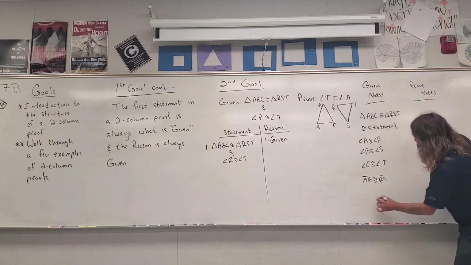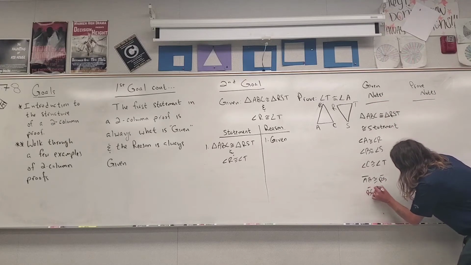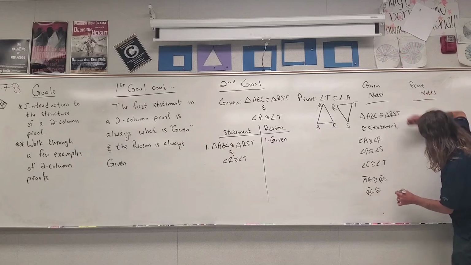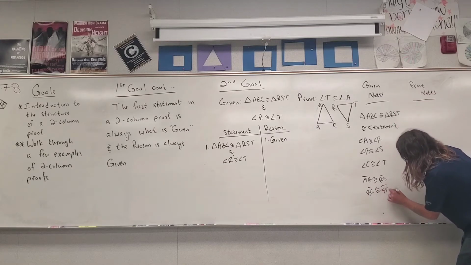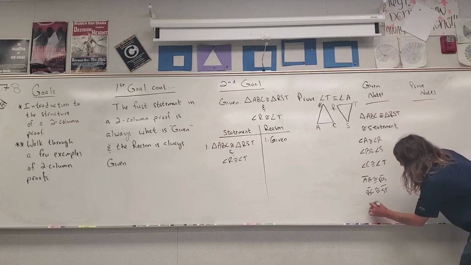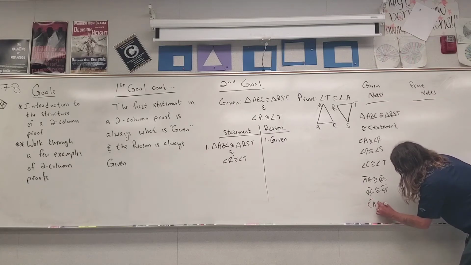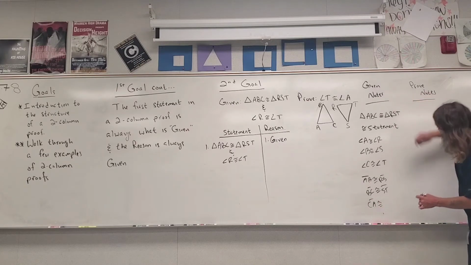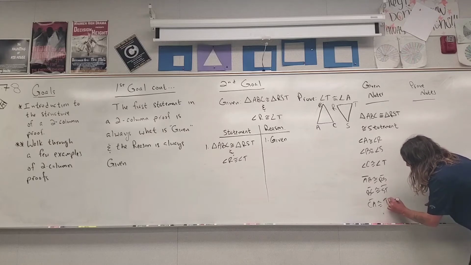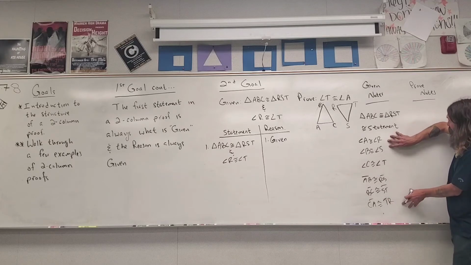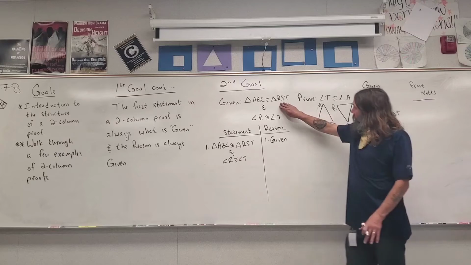I know that side BC is congruent to side ST. And I also know that side CA is congruent to side TR. Okay? This was my clue from this part of the given.